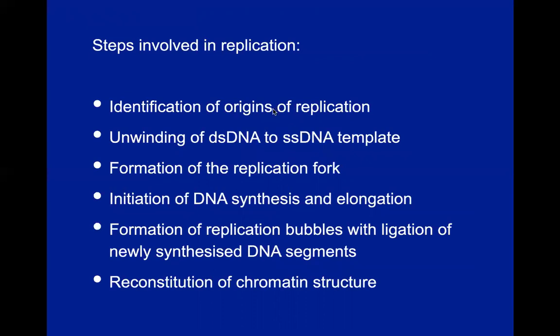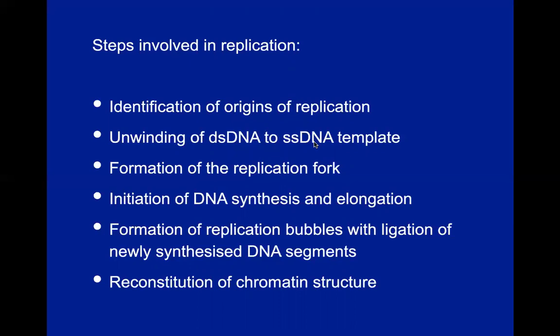What are the various steps involved in replication? First, identification of origins of replication, that is, how does replication start? At the site of origin of replication, unwinding starts. Single strand DNA is formed because only single strand DNA can act as a template.